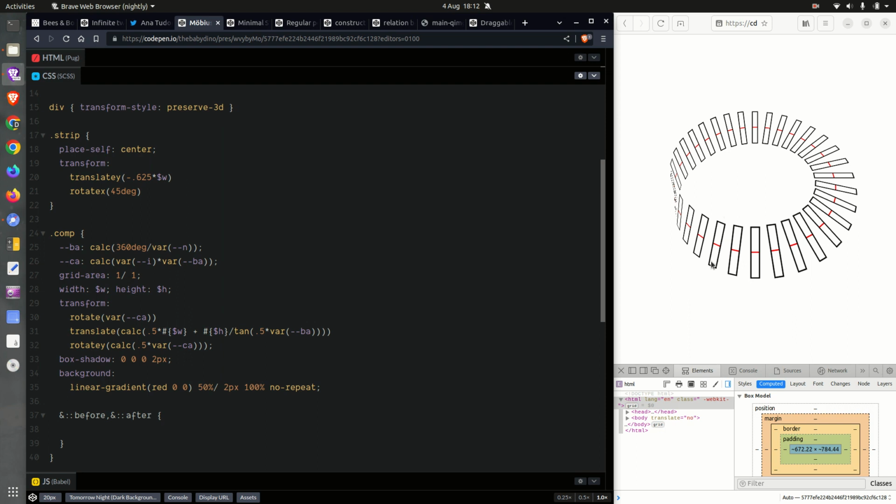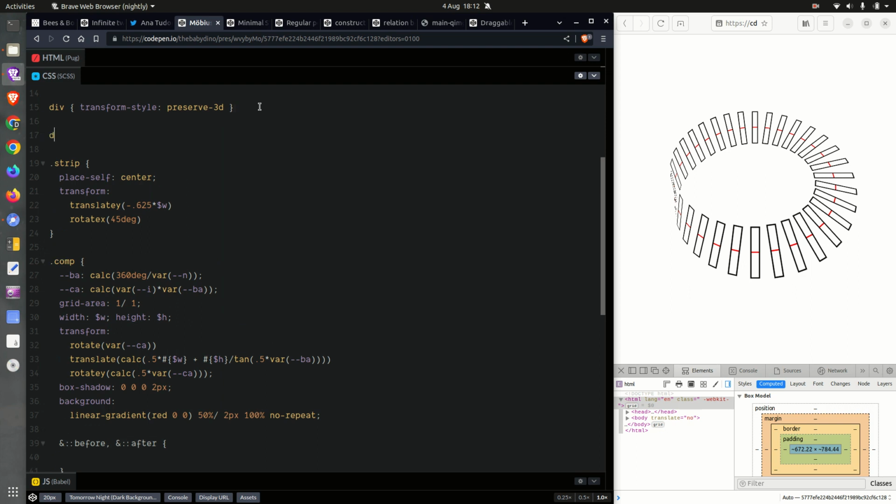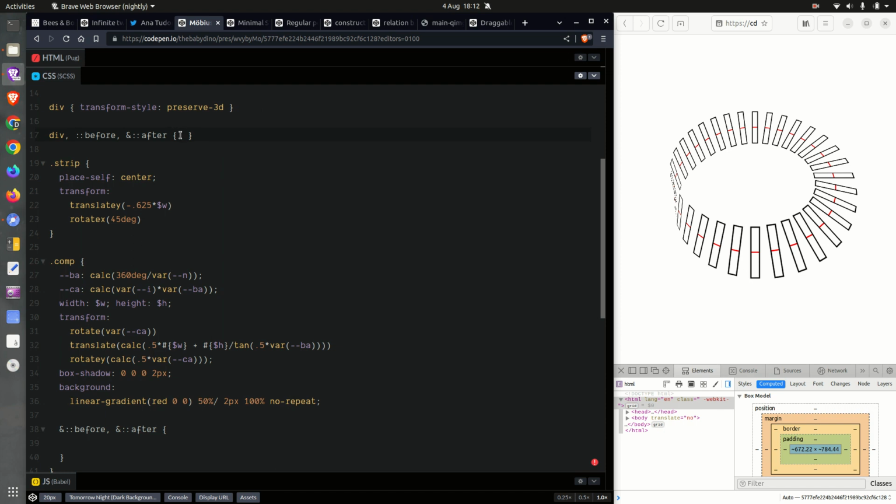So the component is going to be a one cell grid, and these pseudo elements are going to be stacked one on top of the other, covering the entire grid cell. Words are so complicated. Not my strong point, definitely. So we're going to have grid area, that grid area declaration. We're going to have it for both divs and pseudo elements.